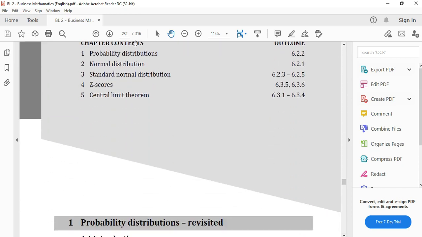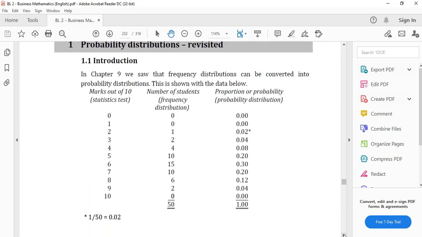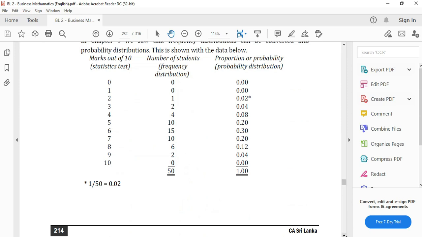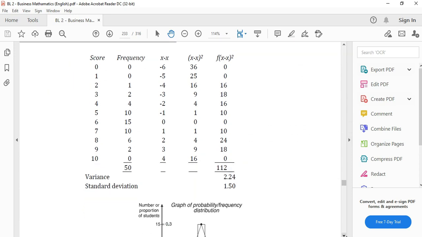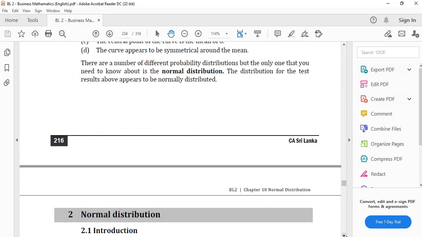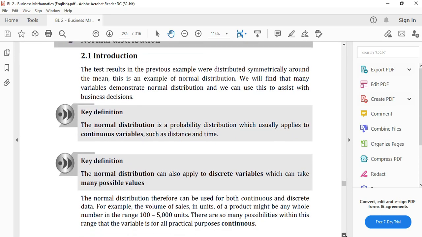So we will be covering normal distribution, the standard one, and then z-scores, and then finally the central limit theorem. This section we have covered last in chapter 9, so I will skip this and let's start from here.